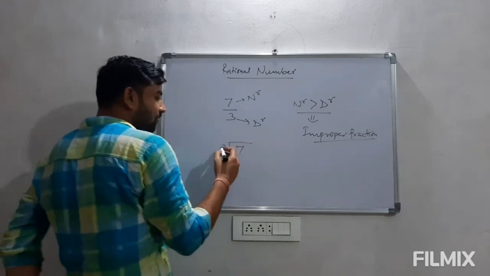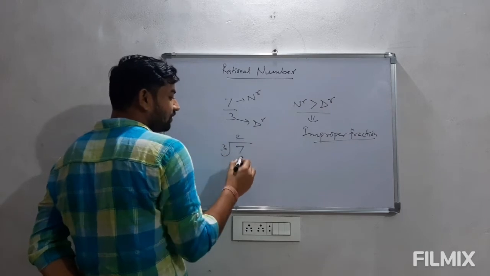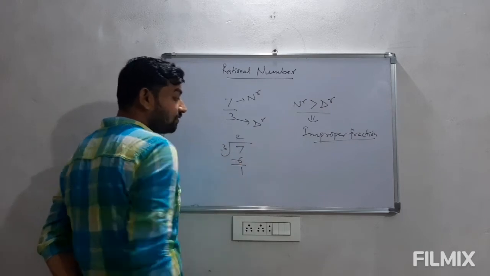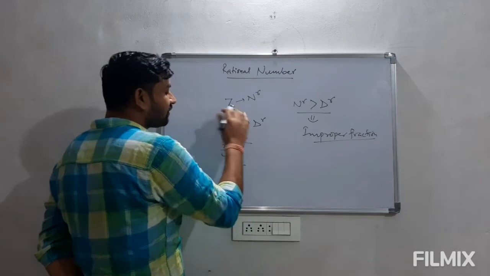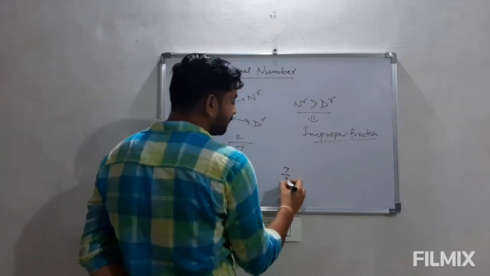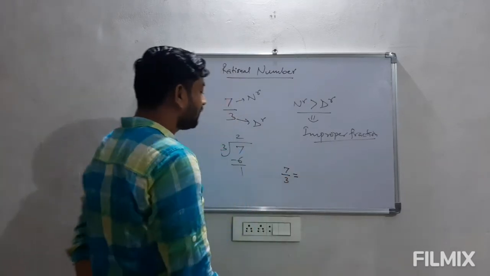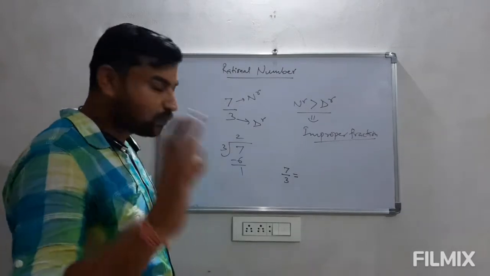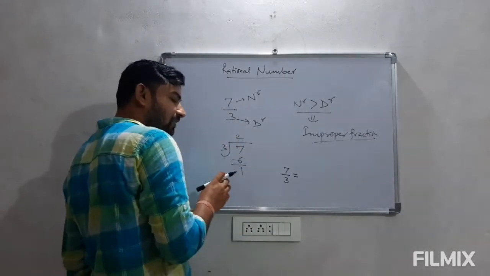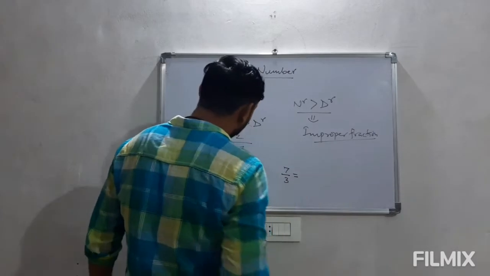Here we can divide the numerator by the denominator. If we divide it, we will use the table of 3. So 3 2s are 6. We subtract it, we get 1. Now we can represent this improper fraction in the form of a mixed fraction, where there will be two parts: one is the whole number part, that is the complete number, and one is the fractional part.